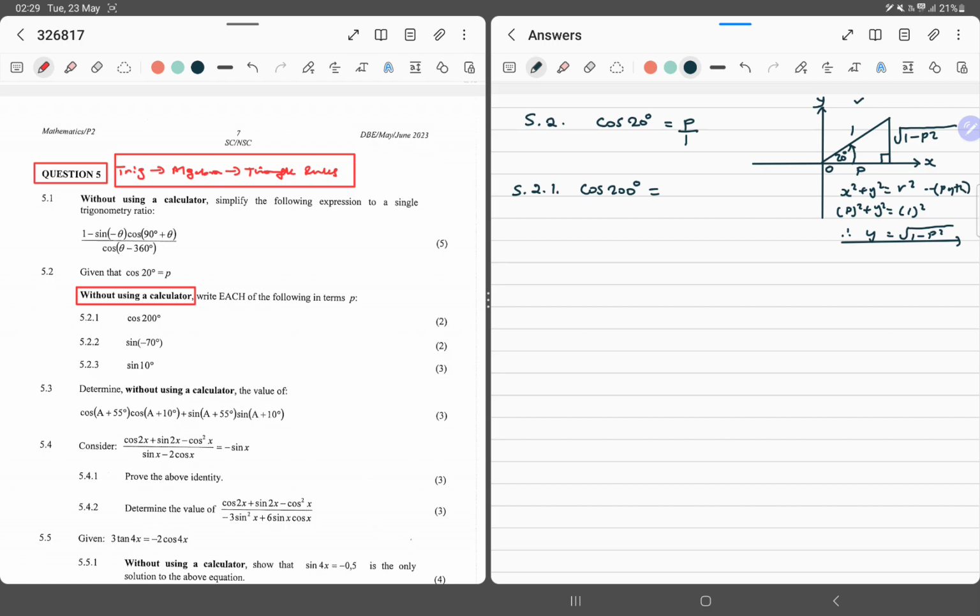What is cos of 200 degrees? Nice. 200 is in the third quadrant. Right. So this is 180 plus 20 degrees, right? So this is cos of 180 degrees plus 20 degrees.